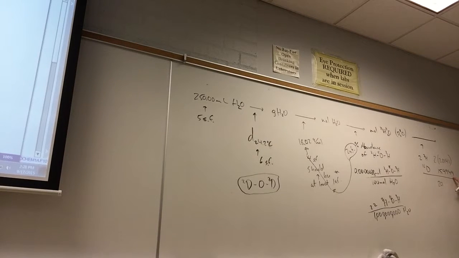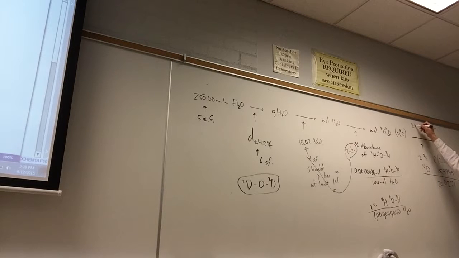2 times 2 would be 4, 1, 7, 12, 10. 20.0271. Again.